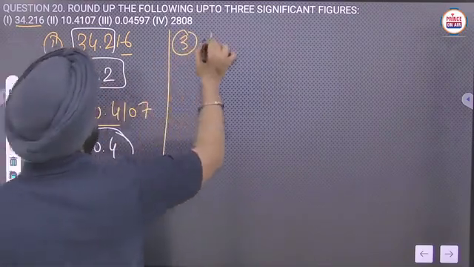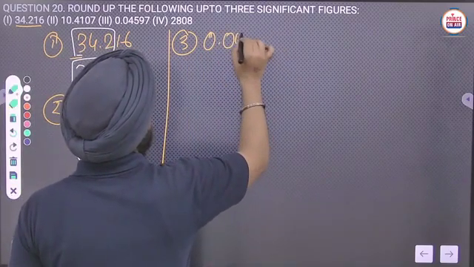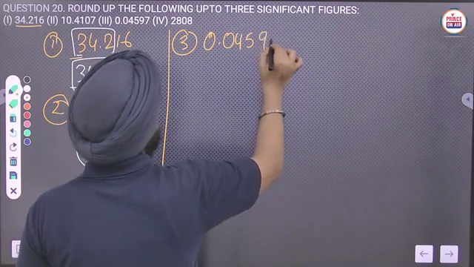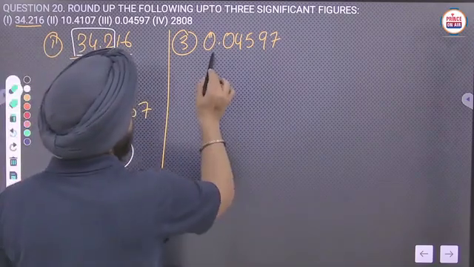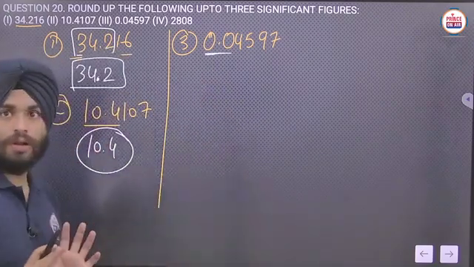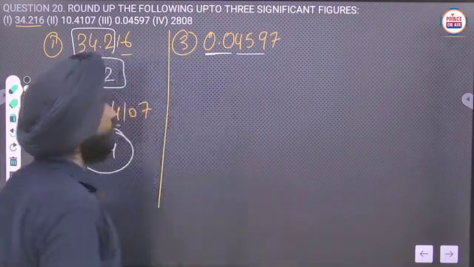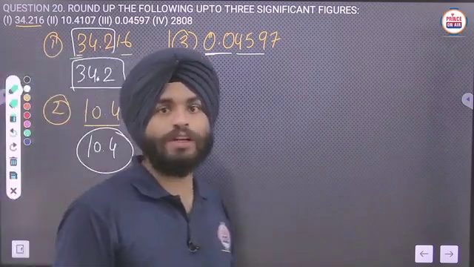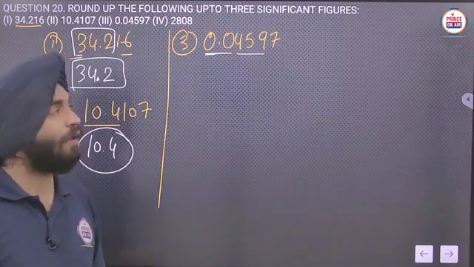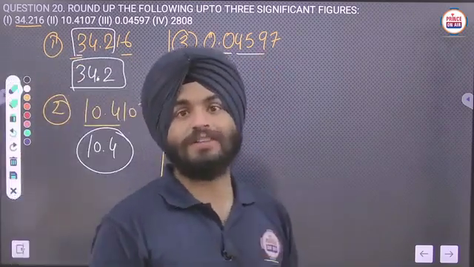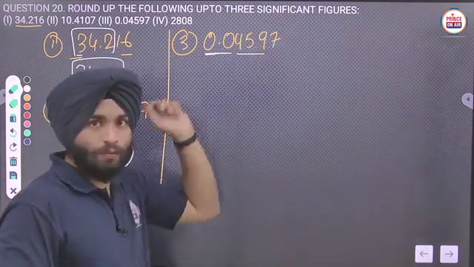Next one, the third one, that is 0.04597. Here the previous zeros we will not take. Just see from here: 459. After that, the 4th digit, the 4th non-zero digit that we have to consider as a significant figure, is 7, which is greater than 5. So we have to increase that number by 1.